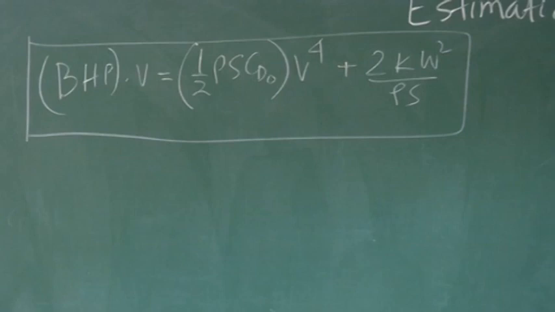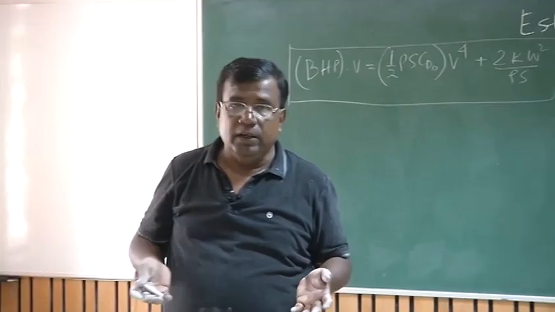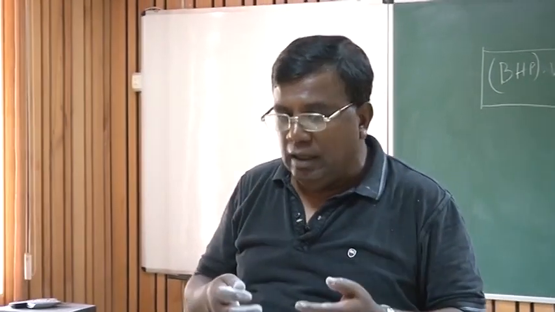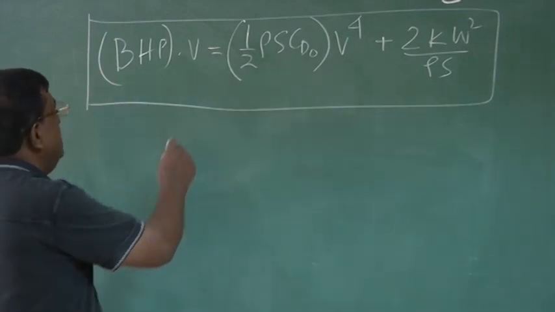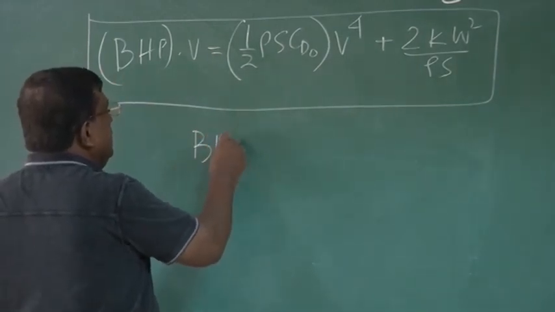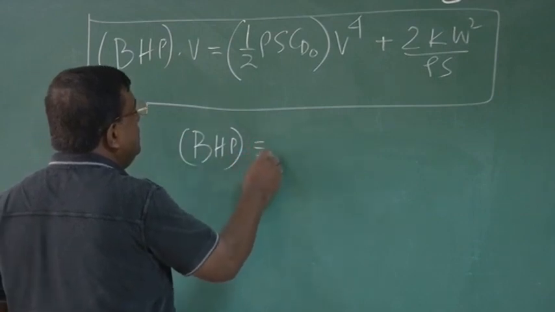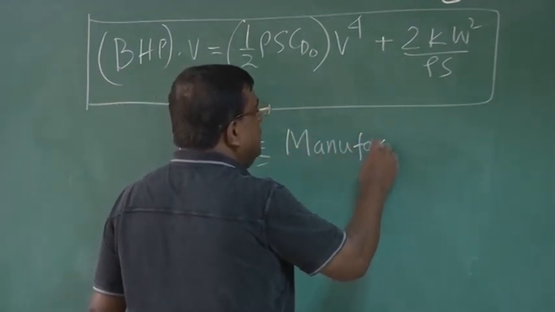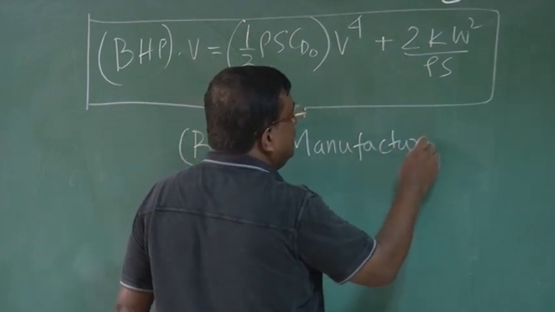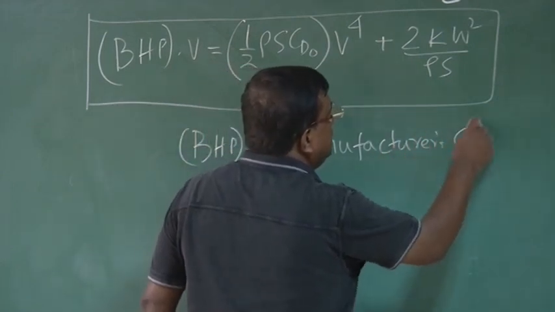So if you know the outside temperature, the RPM, and the manifold pressure, which roughly is the pressure at which the mixture is taking place, I can get BHP easily through the manufacturer's engine chart.